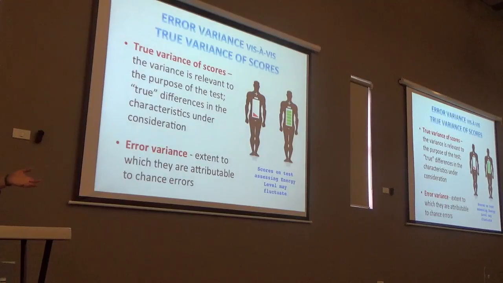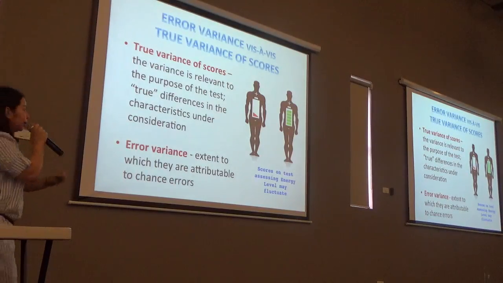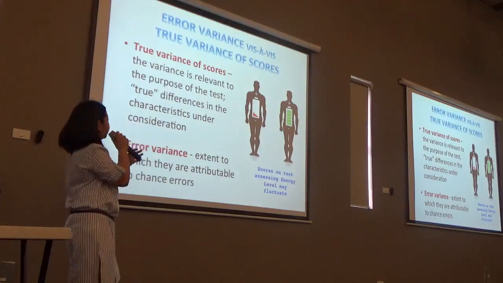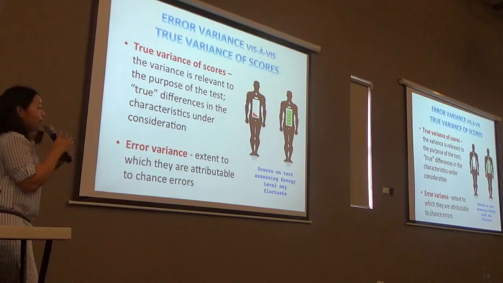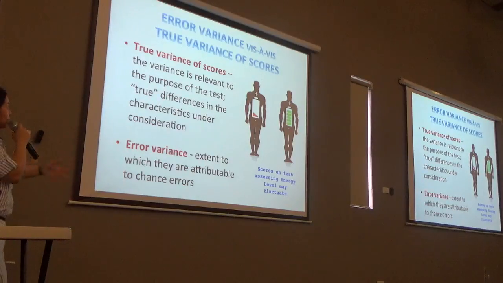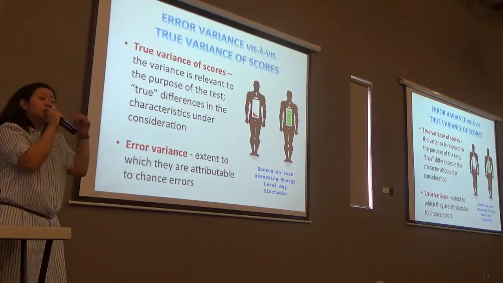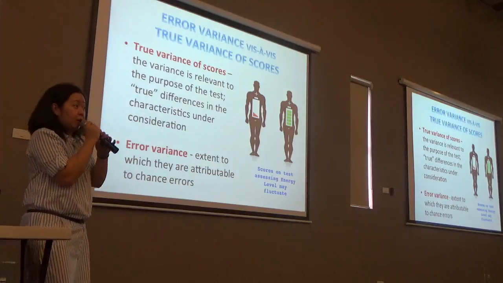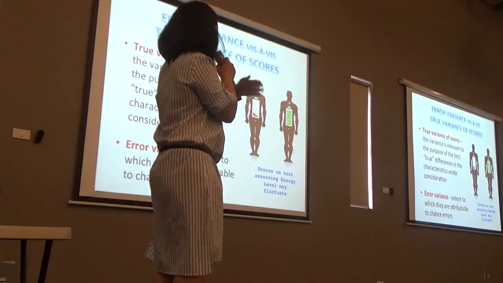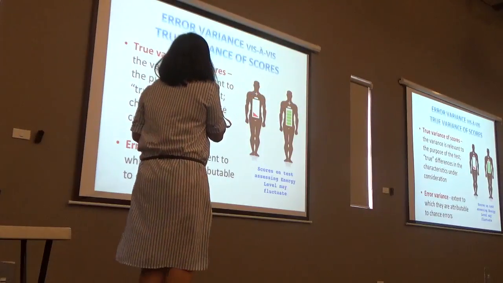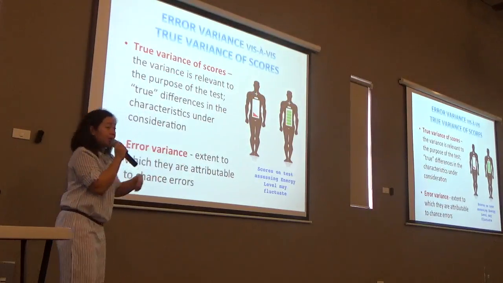True variance, error variance. Sandali na lang, ha? Kasi mga iba, hindi pa rin makuha. True variance of scores. The variance or the difference in the scores is relevant to the purpose of the test. So the test should actually really see that there is a difference in the scores. Ito yung ginamit kong example last time.